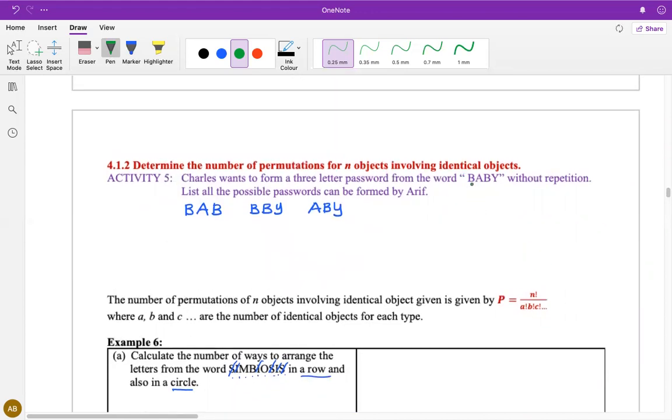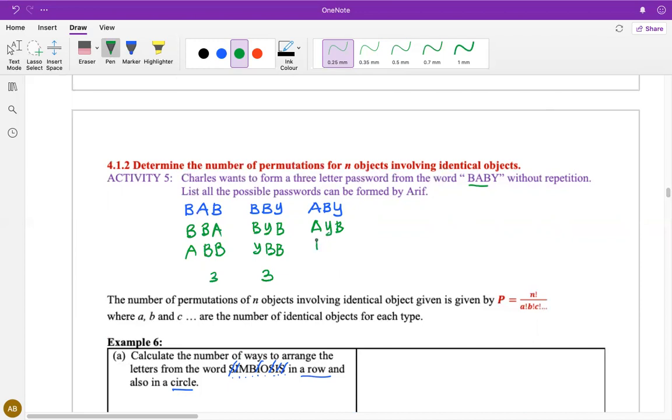So we start with BAB. So BAB, then BBA, then we have ABB. So no more. And if you start with BBY, then it's BYB and YBB. So there are 3 ways. Then ABY, there will be AYB.